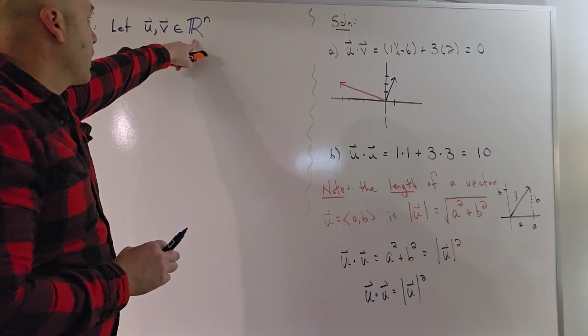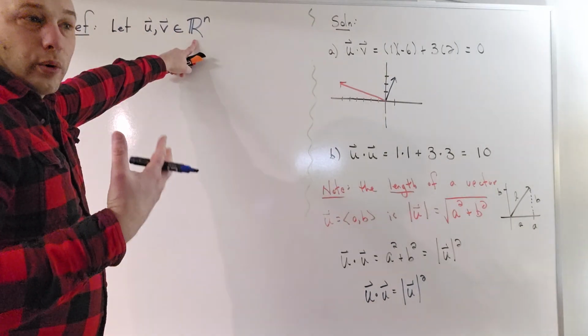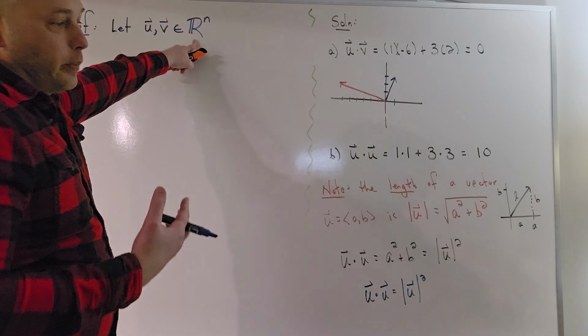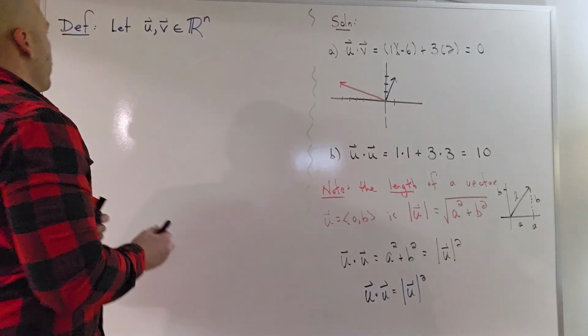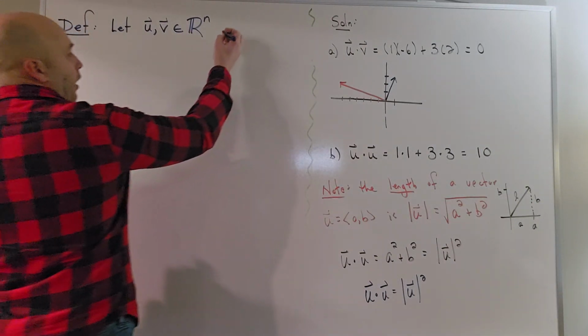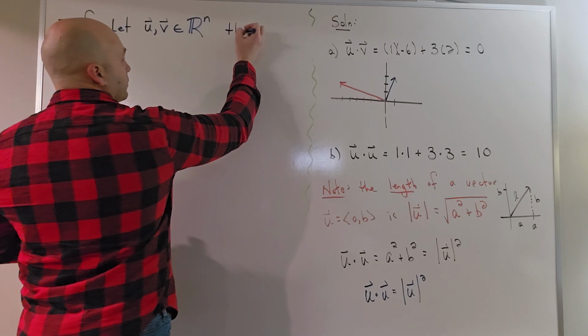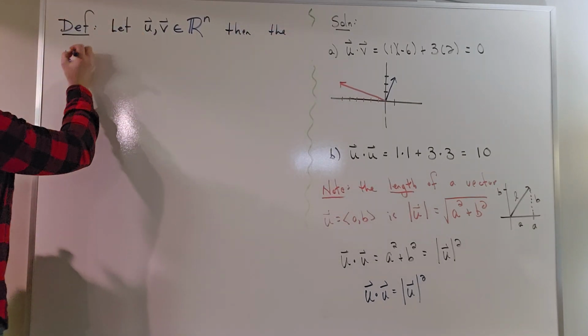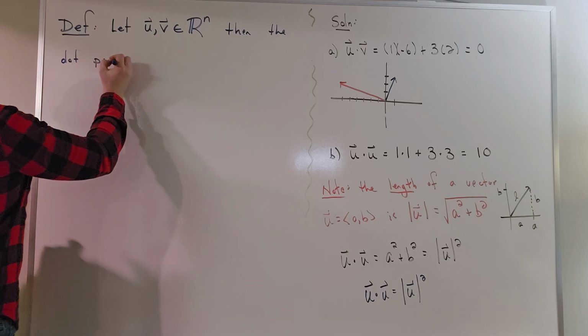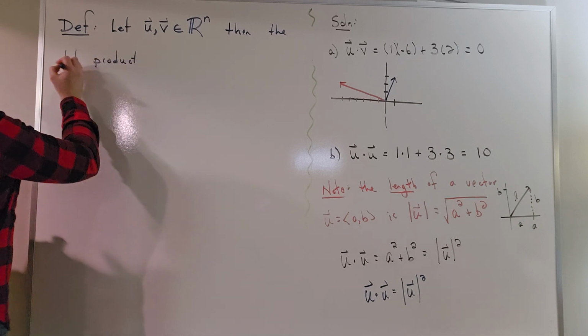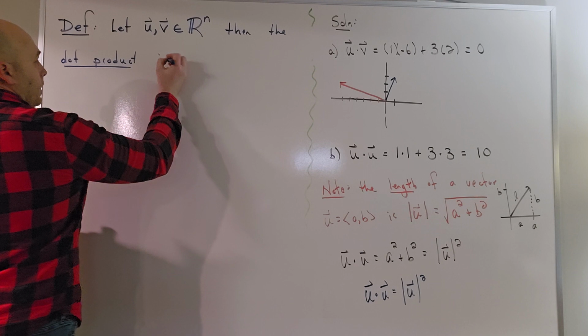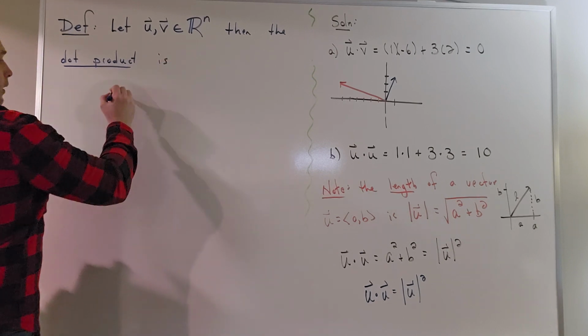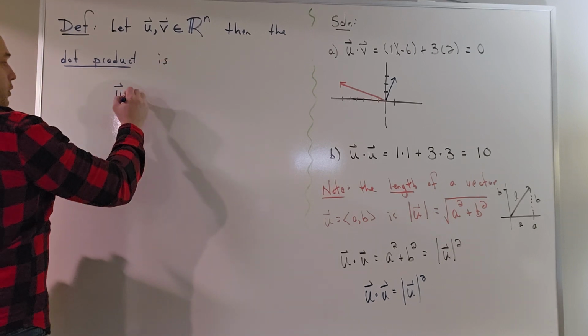So vectors in R3 would be ordered triples, and R4 would be ordered quadruples, and so on and so forth. So let u and v be elements of Rn, then the dot product is given by the following. Same notation, of course, u dot v.